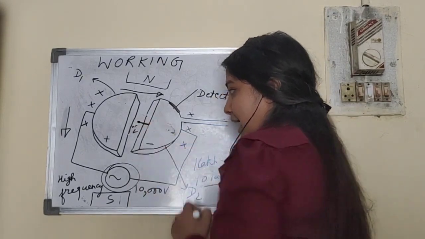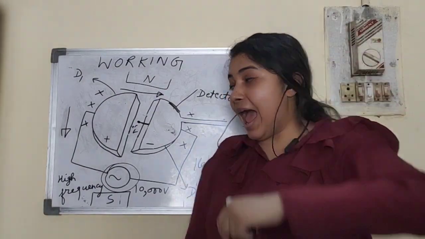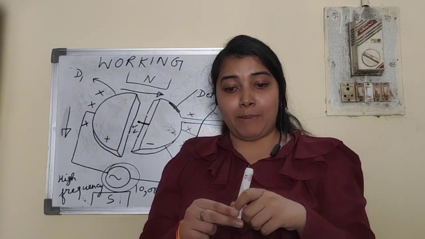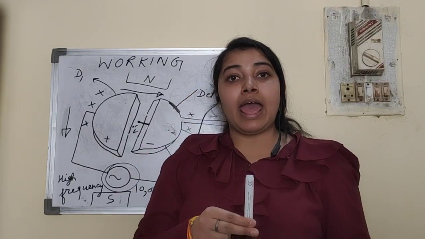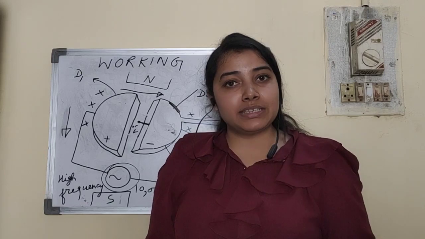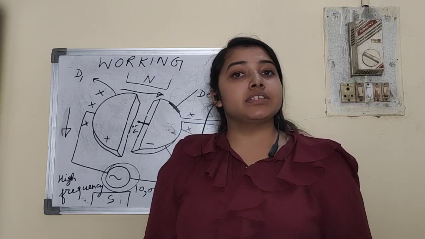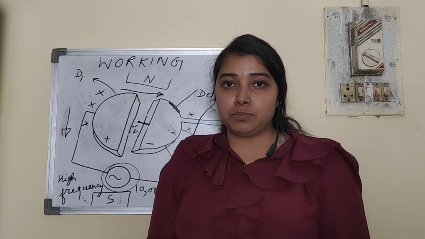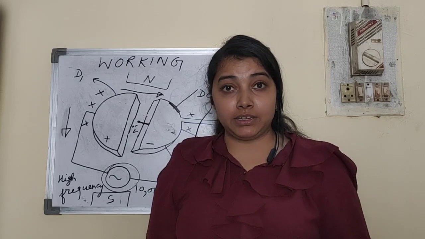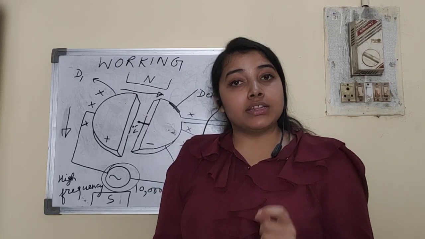Now, we know that the magnetic field is in the downward direction and the charged particle enters to it in this direction, so basically they are making an angle of 90 degrees. In that case, we have discussed earlier, when the charged particle enters in the region of magnetic field perpendicular to the direction of magnetic field, it will follow a circular path having constant velocity.